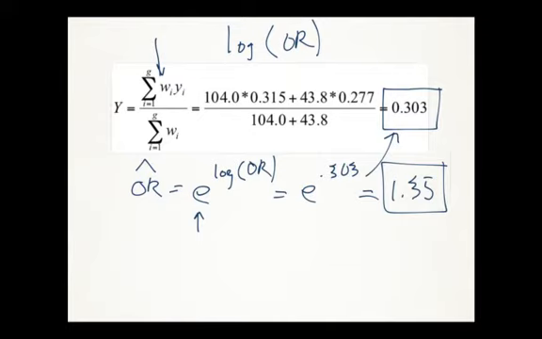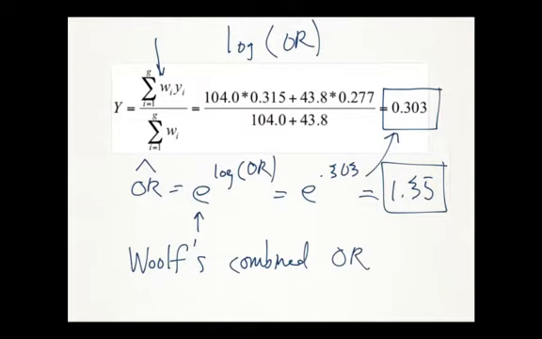That is our estimate of the combined odds ratio. Remember, we already saw this: this is Woolf's combined odds ratio. So there's our estimate, 1.35. We conducted a test for homogeneity, we failed to reject, we said it looks like we can combine these odds ratios, and so we did. And here's our 1.35.